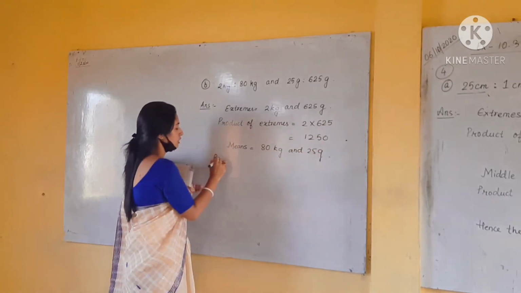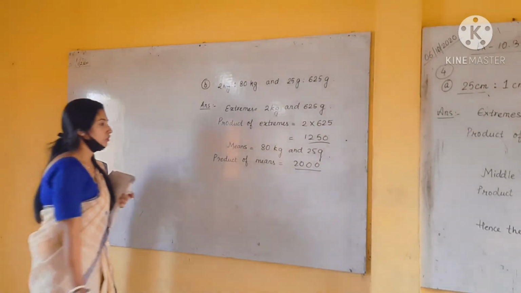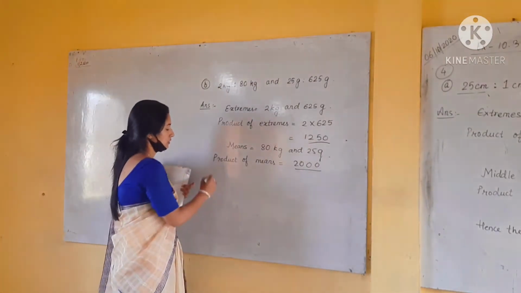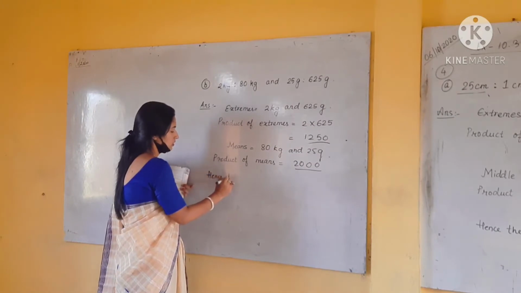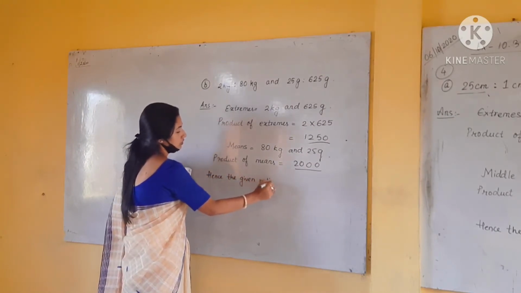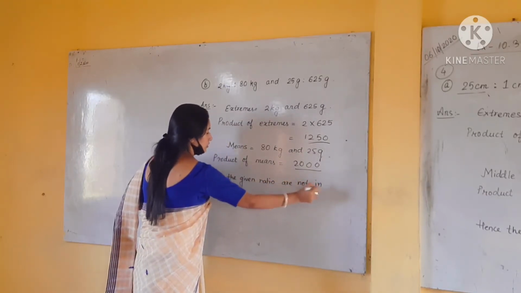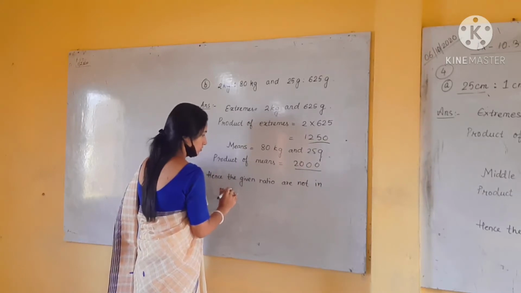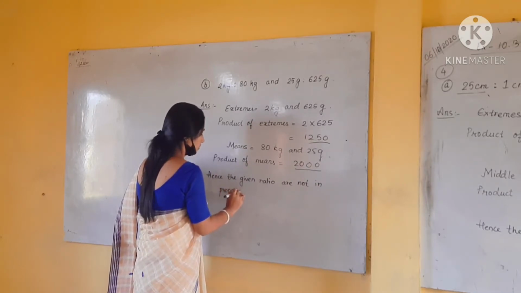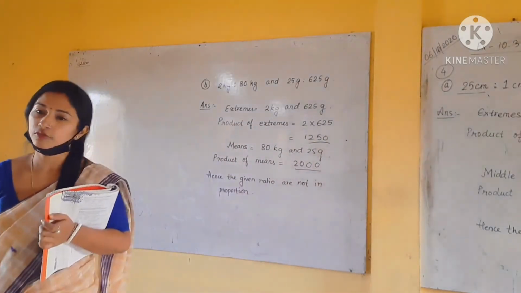So the product of means. They are not equal. So we can write: hence the given ratios are not in proportion, because the product of extremes is not equal to the product of means.